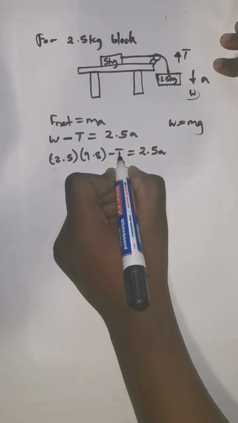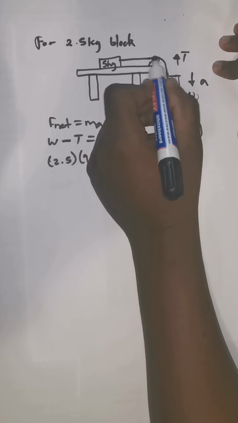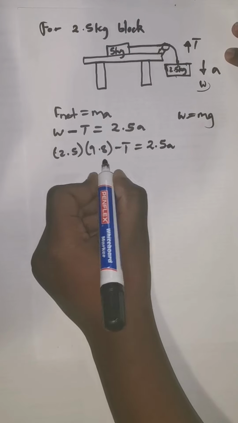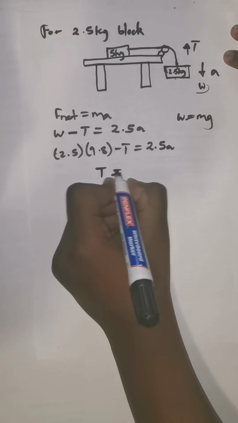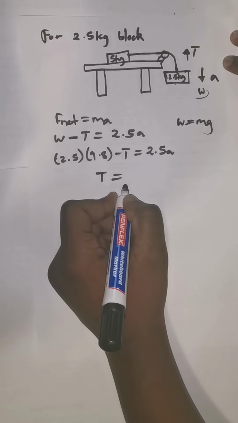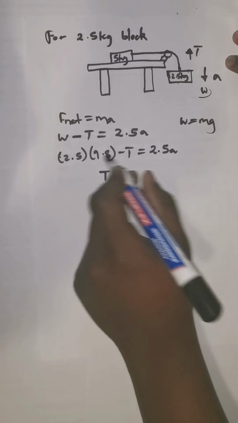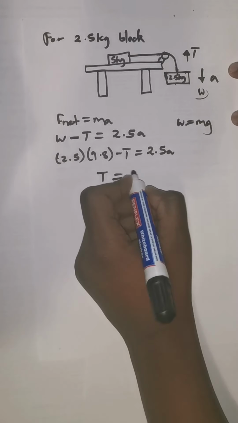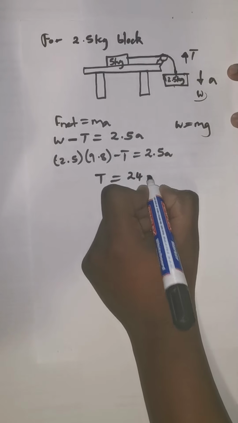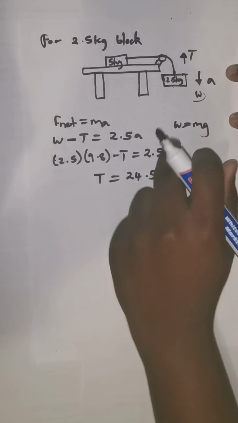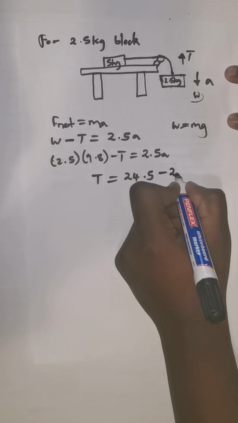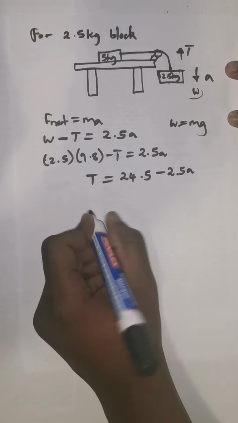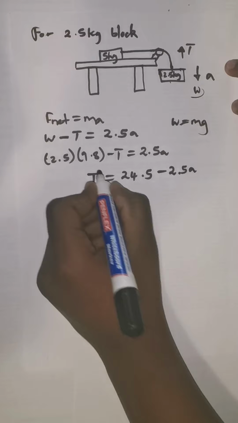Remember, T is actually the same since it's one string. So let's rearrange this. It's going to be T is equal to, when you put this into the calculator, 24.5 minus 2.5a, right?